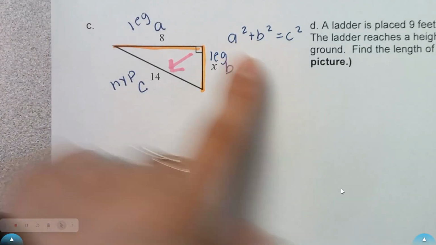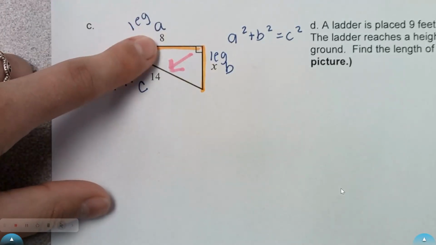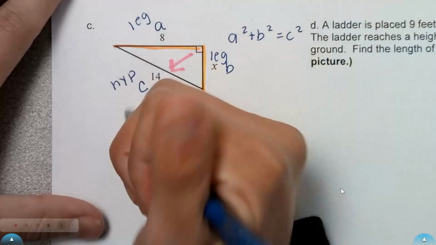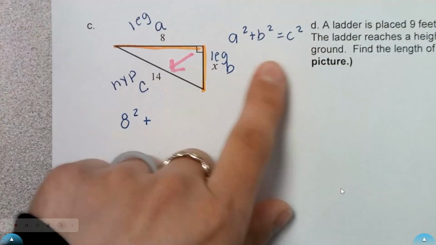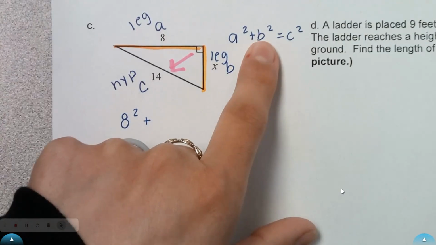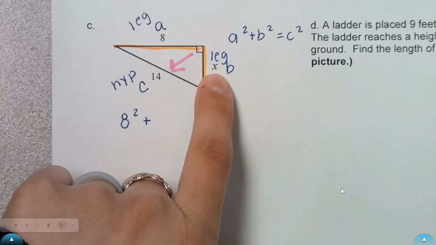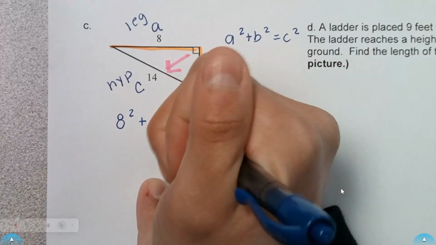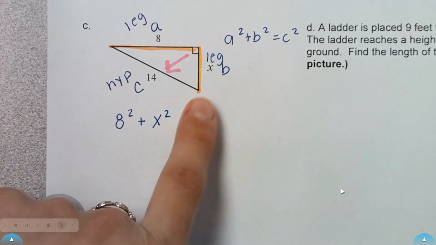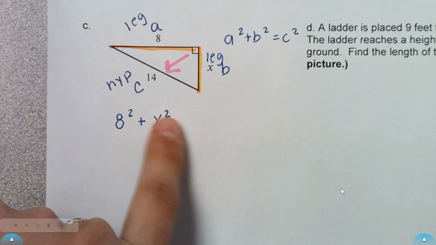Okay, so A is being represented by the number 8. So I'm going to put 8 squared. Then I'm going to focus on B. B is being represented by the variable x. So I don't have a number here. I'm going to write x squared. So this one is a little bit different compared to the first two that we did.